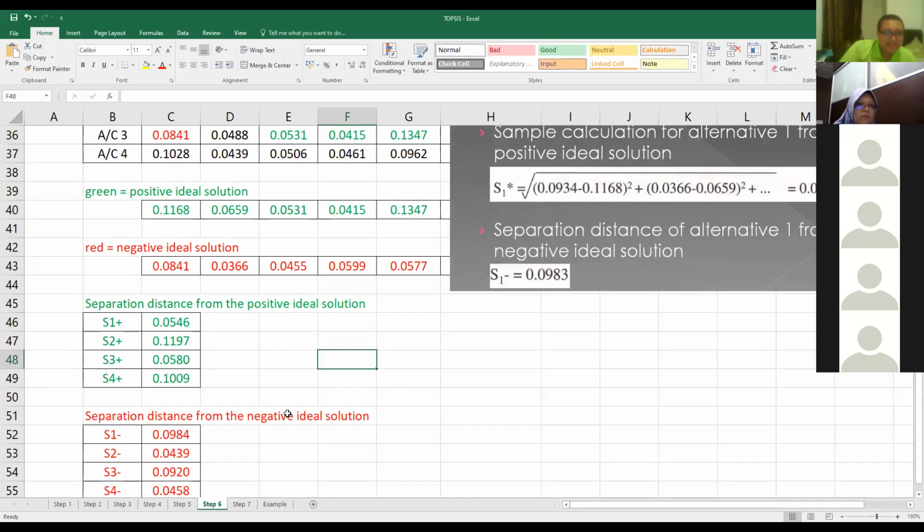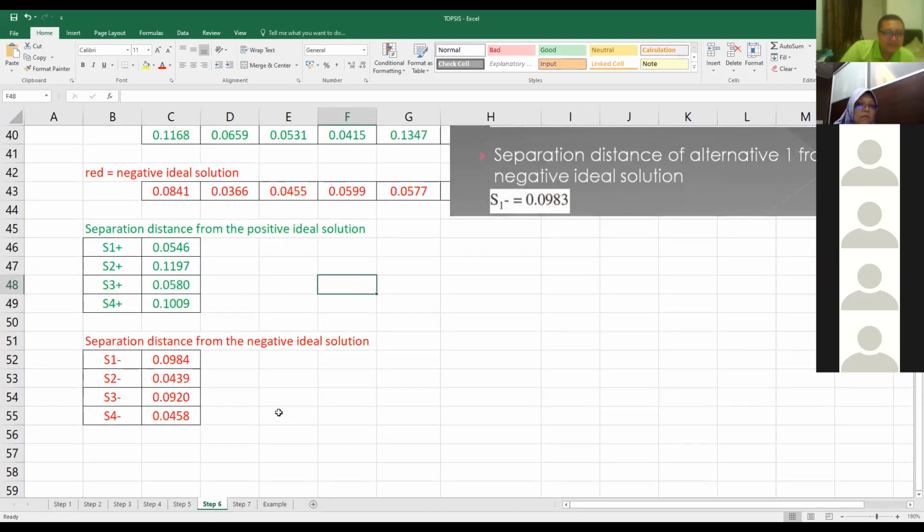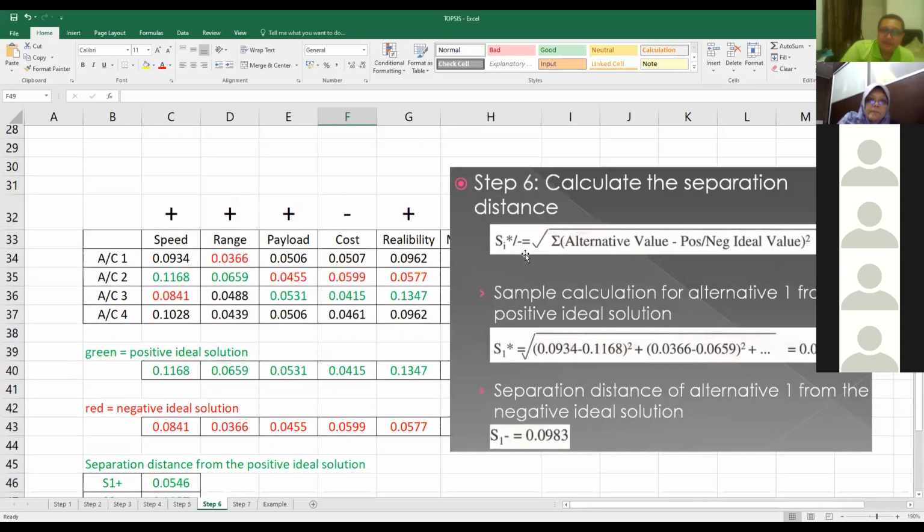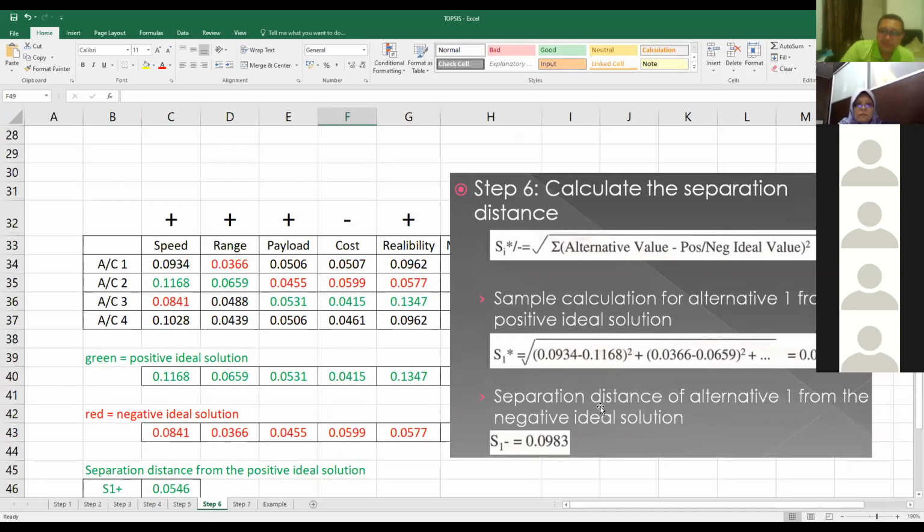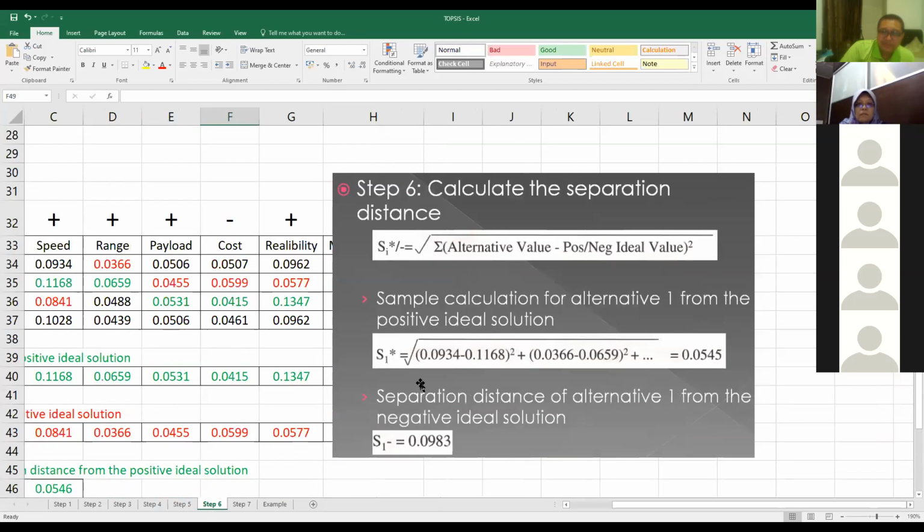For the separation distance, on the slides it is only shown as one positive and one negative.